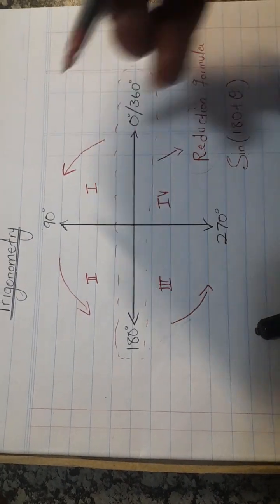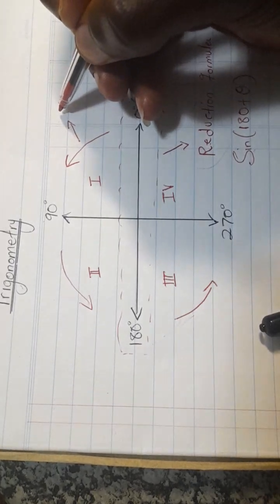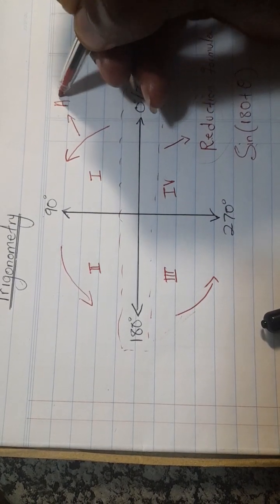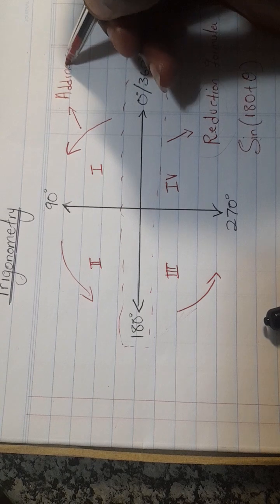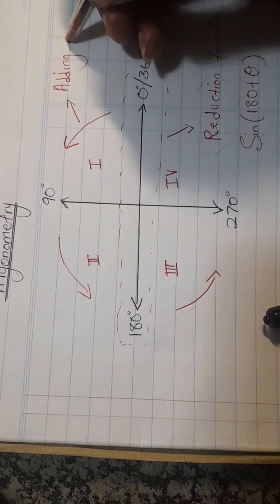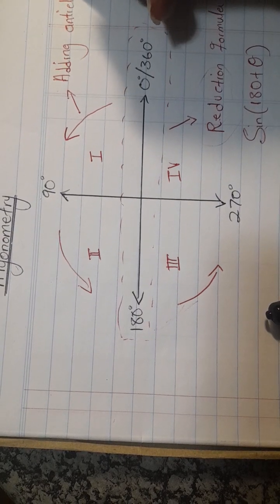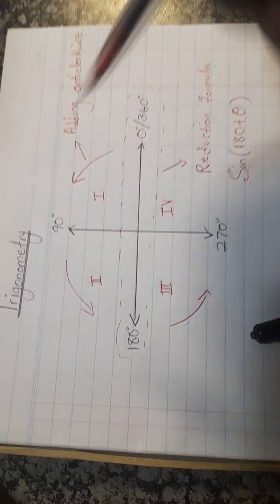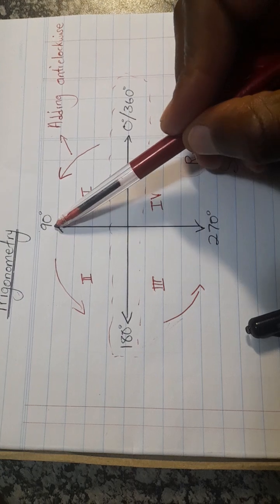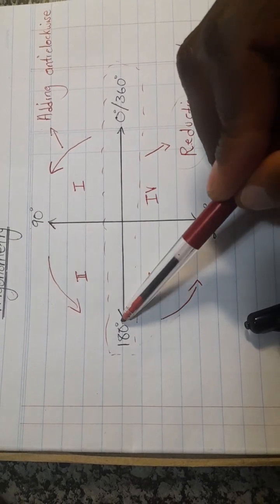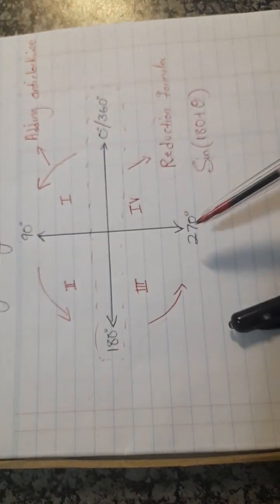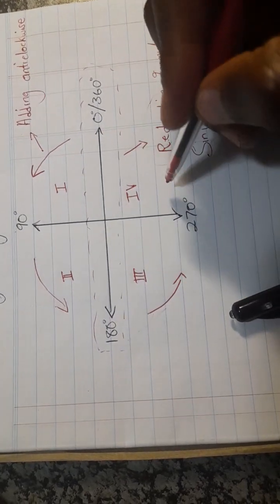When you add, you go anti-clockwise. So every time when I add 90 plus theta, it goes this side. 180 plus theta, it goes this side. 270 plus theta, it goes that side, you see?